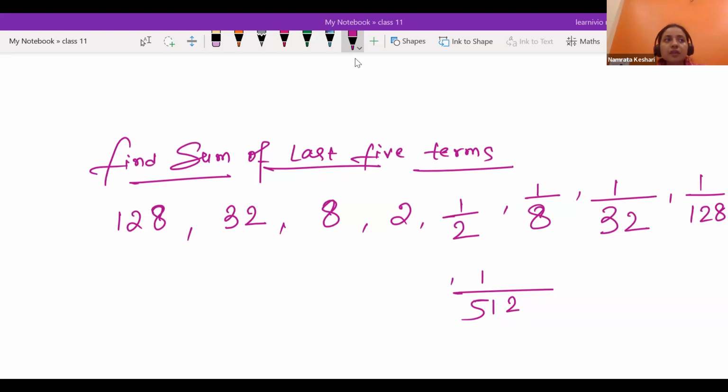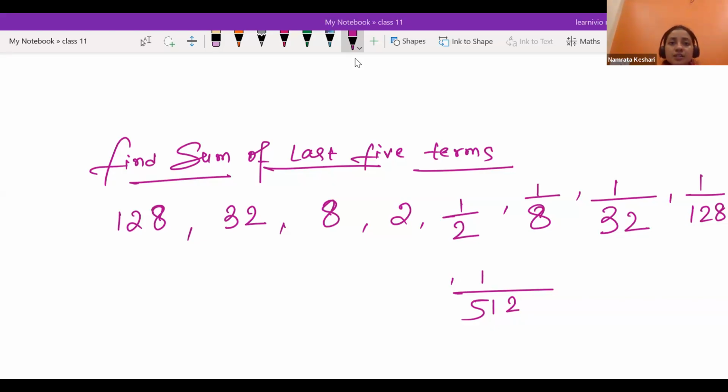If you have to find the sum of first three terms, you can use the sum formula. If you have to find the sum of first 20 terms, you can use the formula. First 30 means 1, 2, 3, 4, 5, 6, 7, 8, starting from the beginning. If you have to find the sum this way, then only you can use the formula.